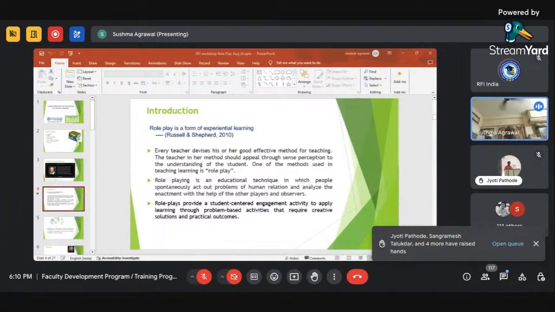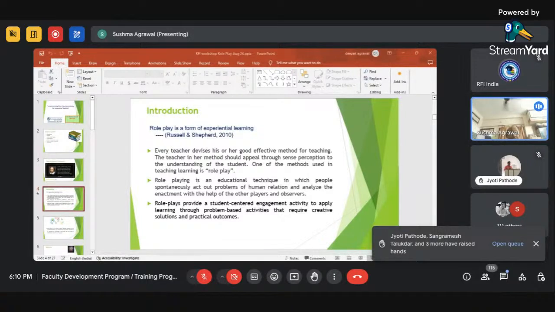So there are major outcomes which are going to improve his or her life in the future. It can be said that it is an educational technique in which people spontaneously act out some problems which are related to human relations.